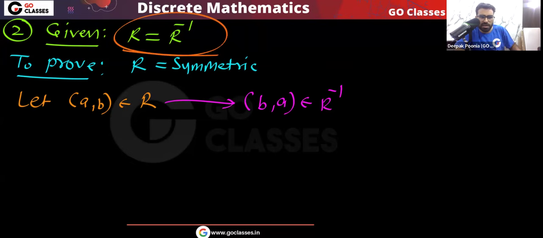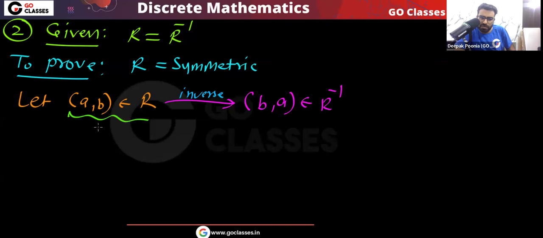Also notice that R and R inverse are the same, because it is already given that R is the same as R inverse. It means that AB belongs to R inverse also.